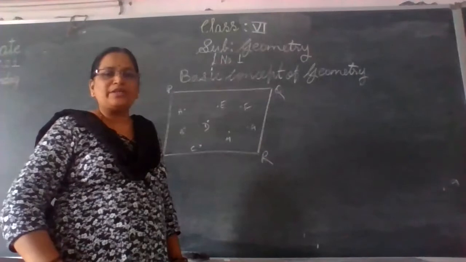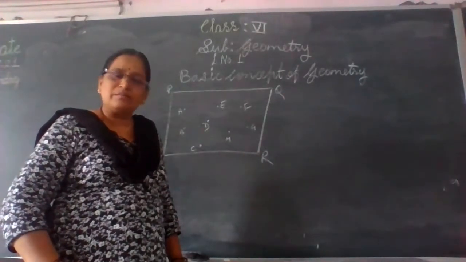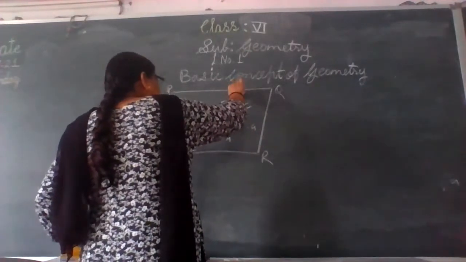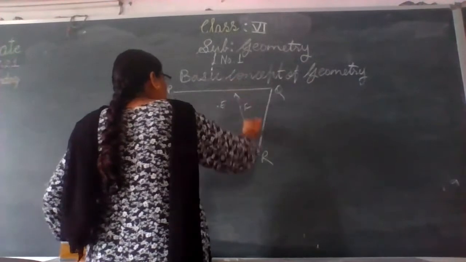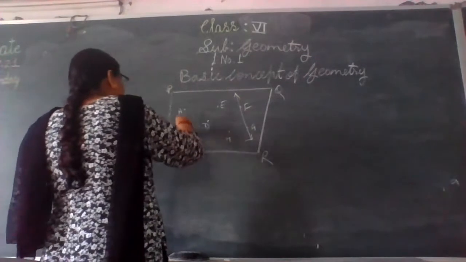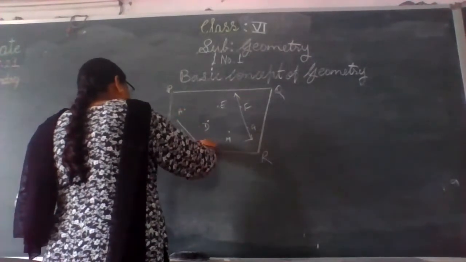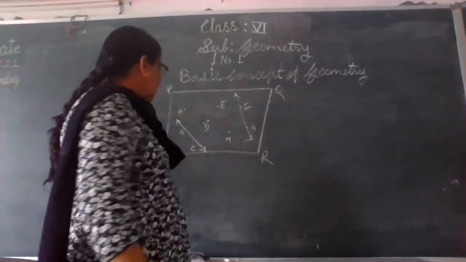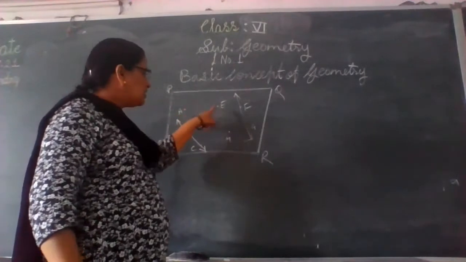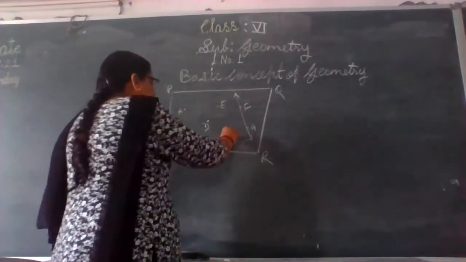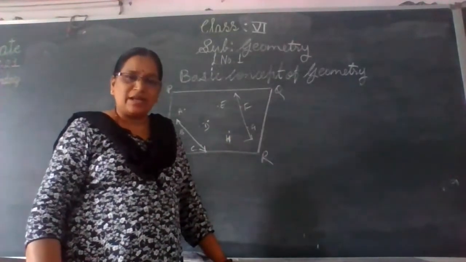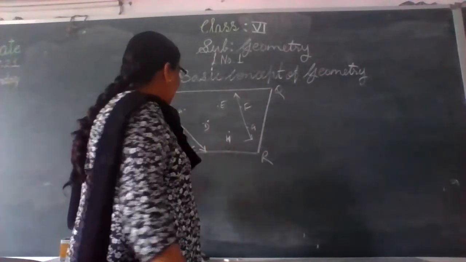So through the 2 points, you can draw one and only one line. Or see, beta, if I am taking FG, you will draw only one line. For example, this BC, or you can take CD or BD, AE, EH. So through the 2 points, you can draw only one line.